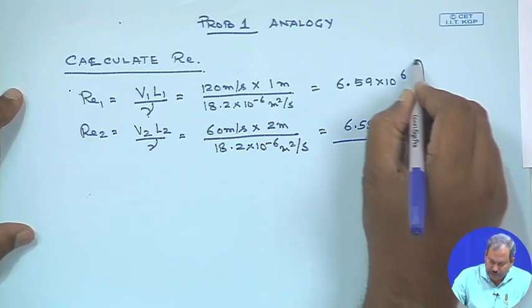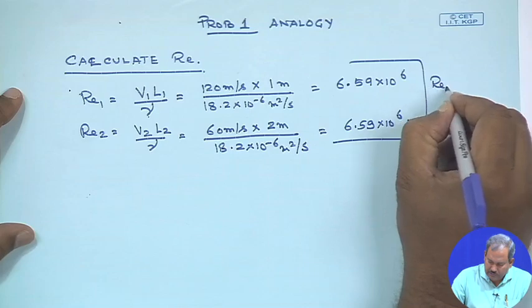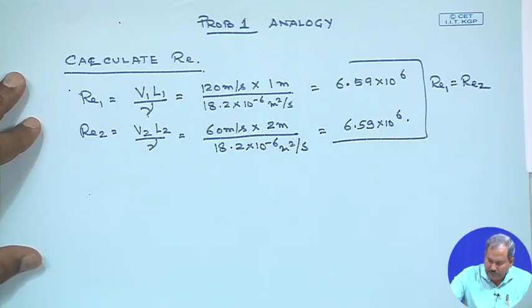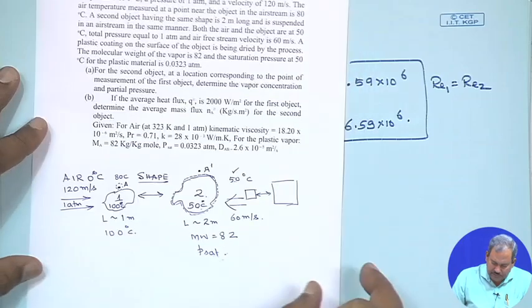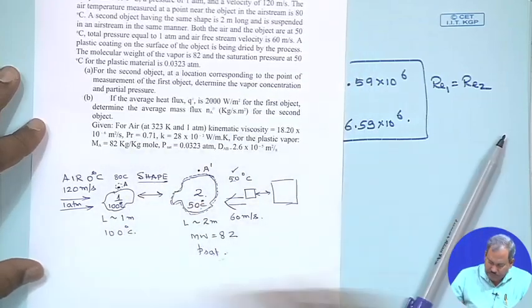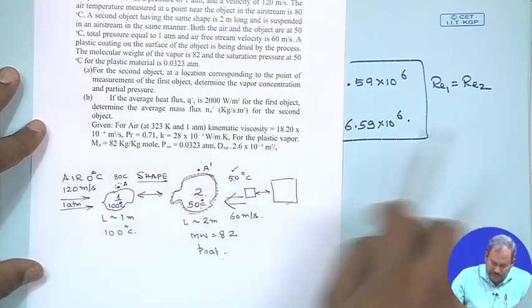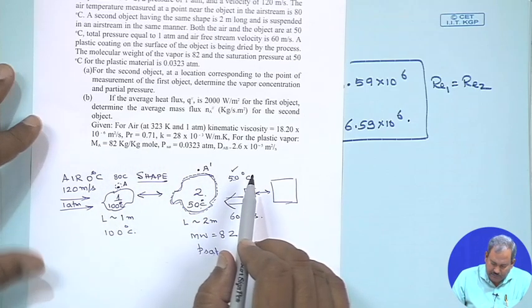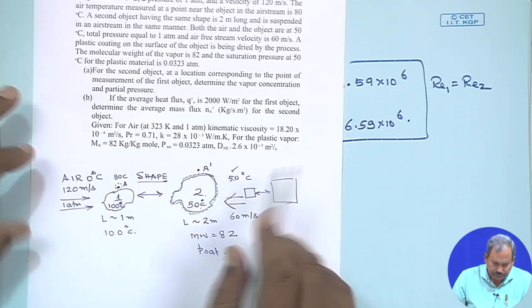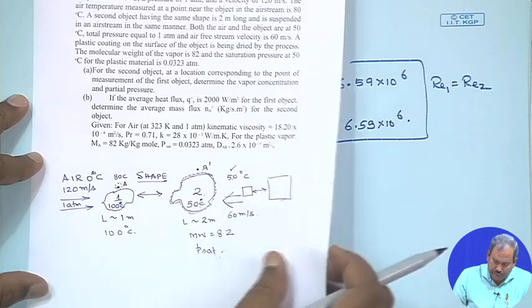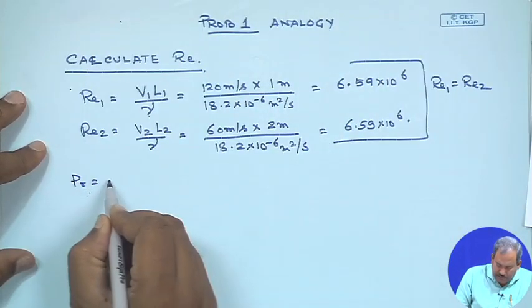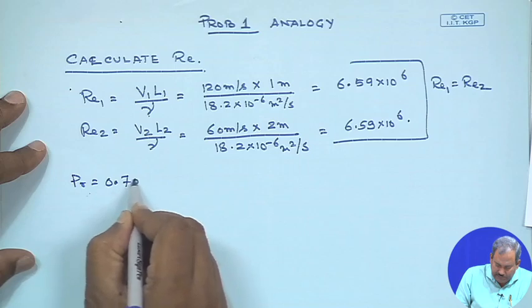So, the Reynolds numbers are the same. The value of the Prandtl number is shown over here, and the Schmidt number you can calculate. It is provided that the Prandtl number is equal to 0.703.